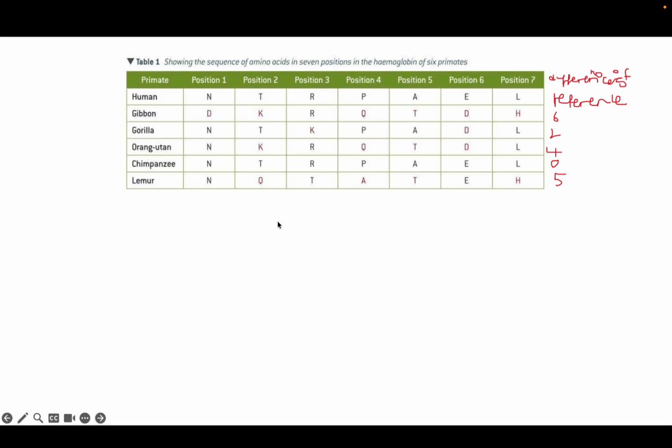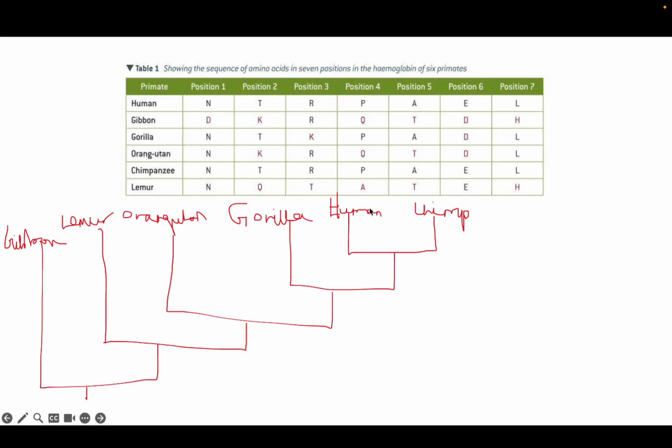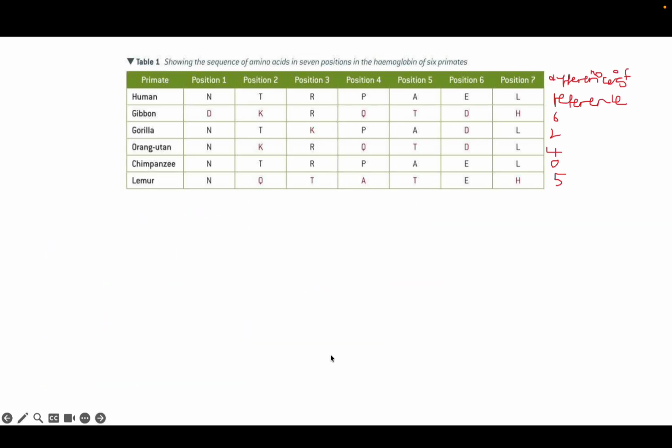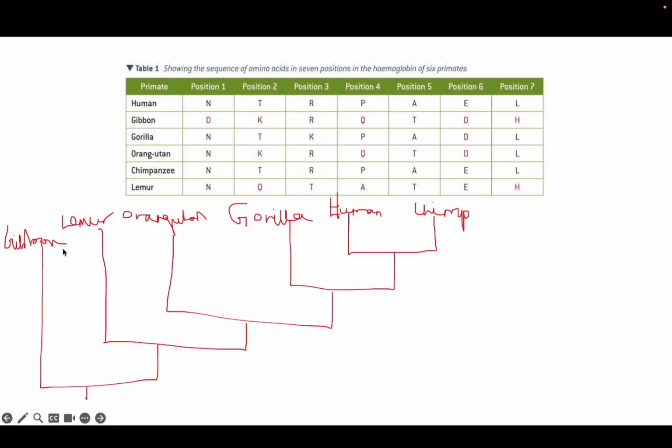Gorillas have 2, so they're further away, and then orangutans have 4 differences, and then lemurs and gibbons have the fewest similarities with the human amino acids. And that's how you would construct your phylogenetic tree if asked in an exam.